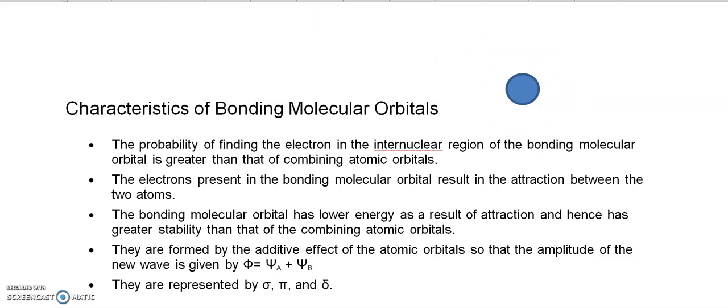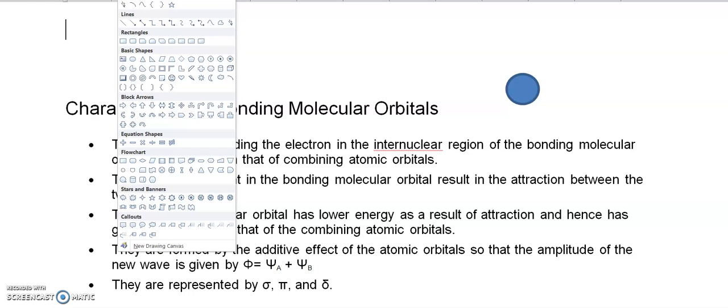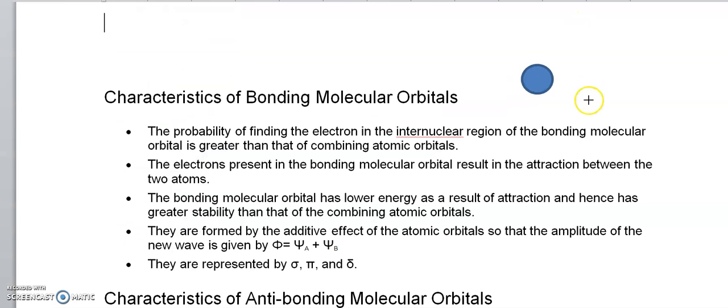So if we take one nucleus, one atomic orbital, we can call it an atomic orbital also. If we take another one, they will combine with each other and form a molecular orbital.